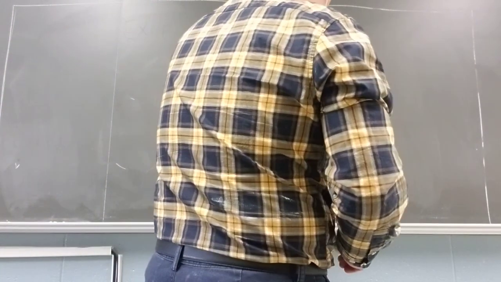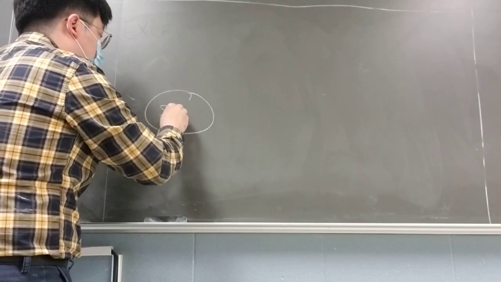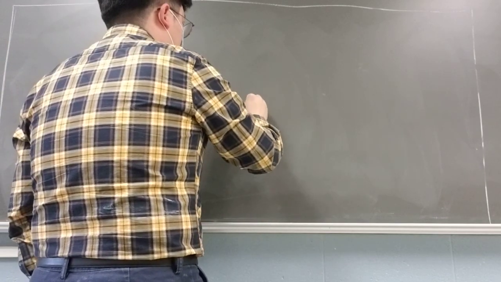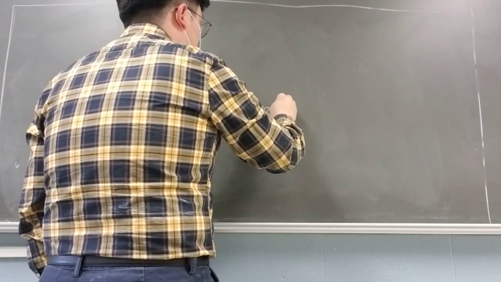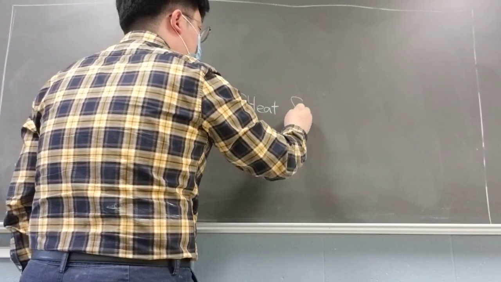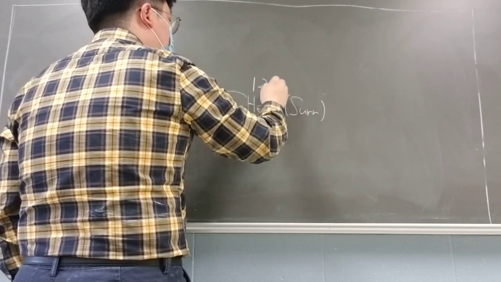I'll give you one example here. Can you guys do this real quick? So you have a system here, and I'm going to say heat energy is going in from the surroundings. It was about 120 joule, okay?